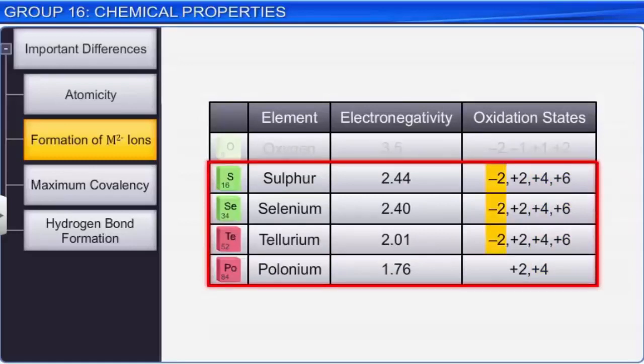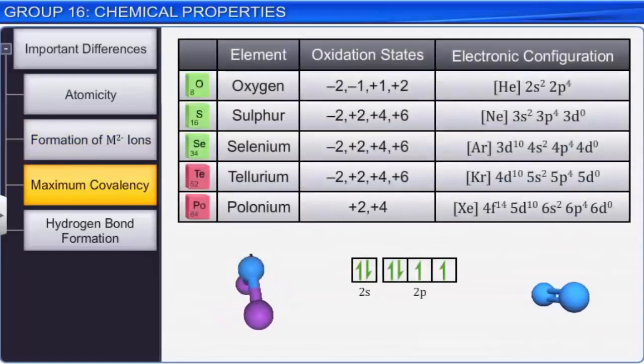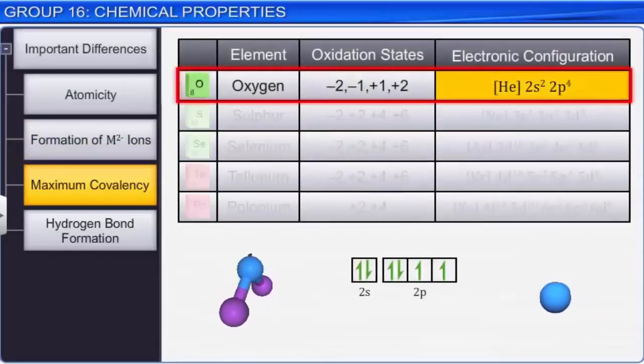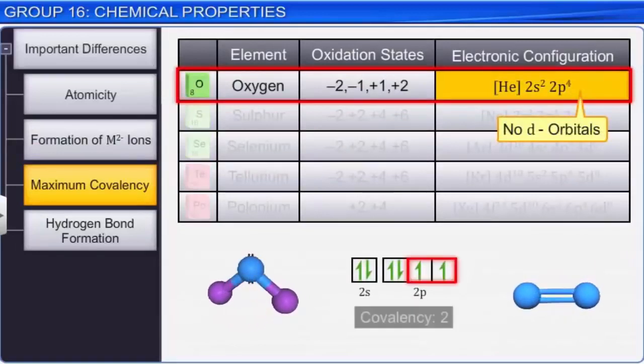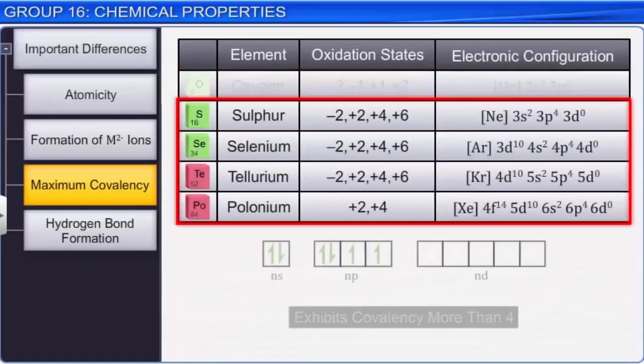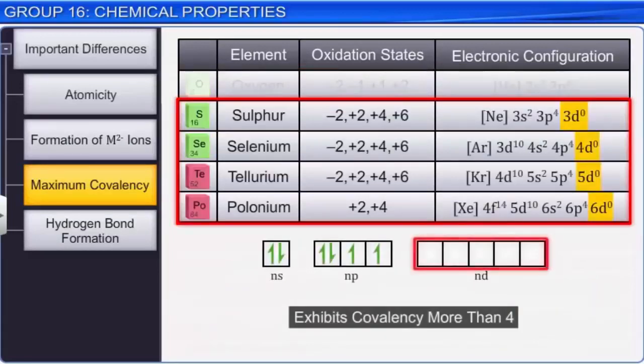Polonium does not show minus oxidation state. Maximum covalency. Due to the absence of d orbitals in oxygen, its covalency is limited to 2. But the covalency exceeds 4 in the other elements due to the availability of d orbitals in them.